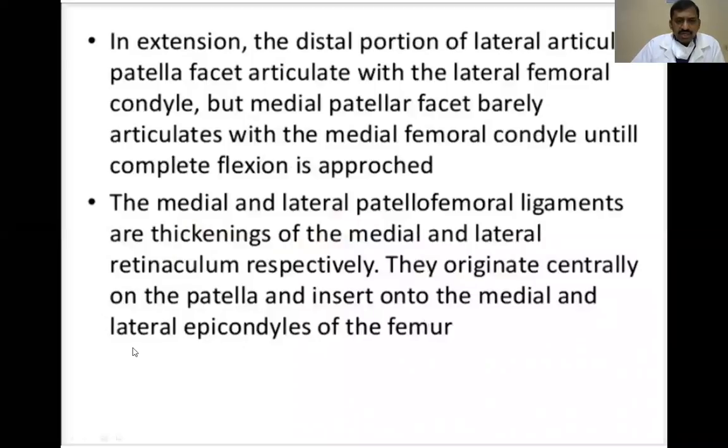In extension, the distal portion of the lateral patellar facet articulates with the lateral femoral condyle, but the medial patellar facet barely articulates with the medial femoral condyle until complete flexion is approached. That means only in full flexion does the medial articular surface of the patella articulate with the medial femoral condyle.